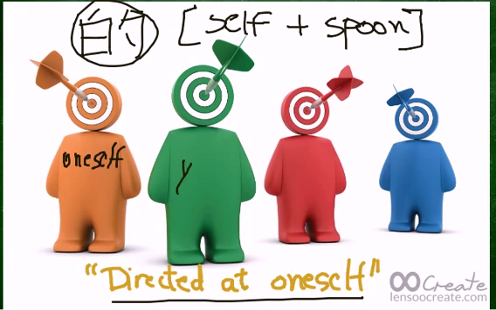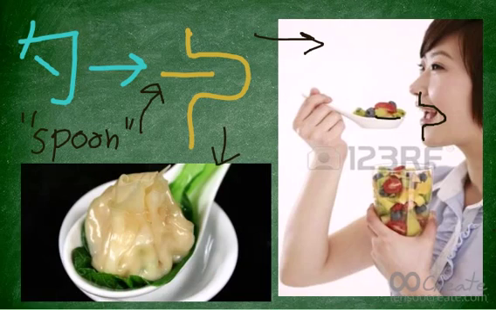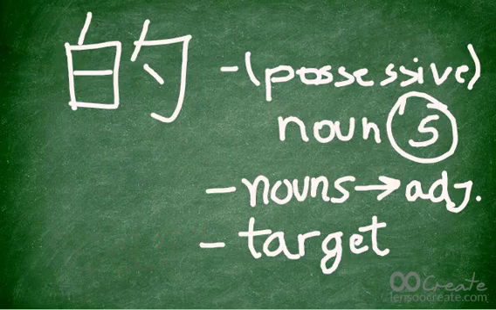It could be you, it could be I, it could be us, etc. So that is how I'm going to remember it. And going back to the first diagram, that's how I'm going to remember the character. So whenever I see this character again, whether it'll be in Chinese scripture, the Japanese kanji, or the Korean, they all have that essence of directed at oneself.